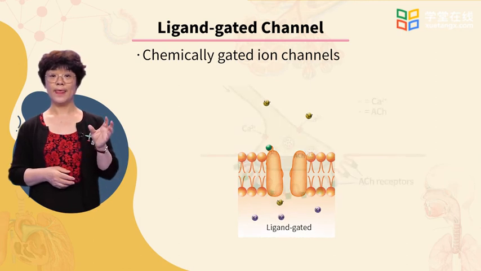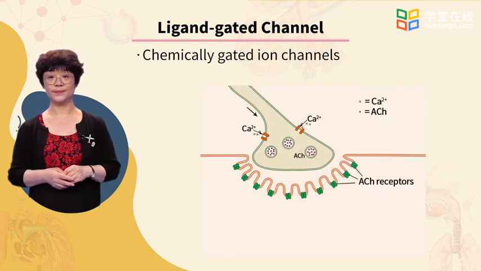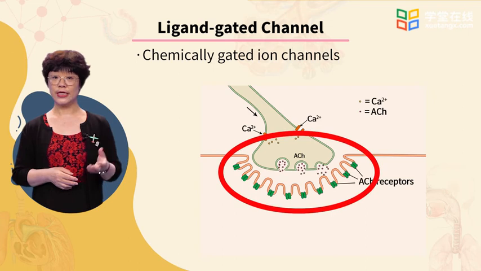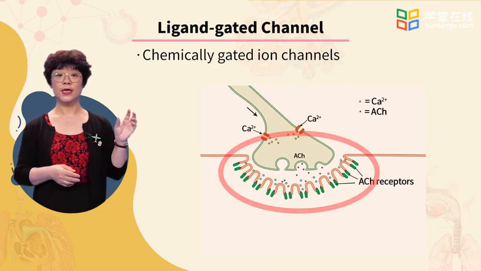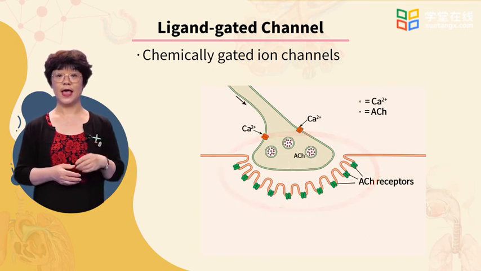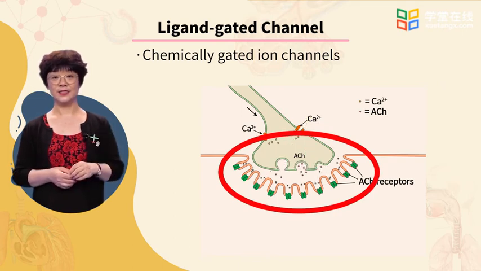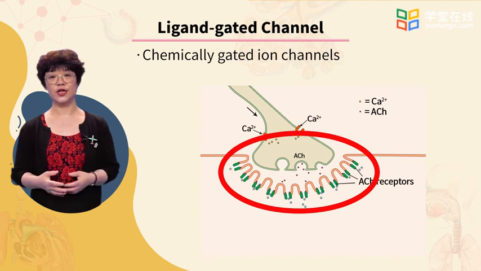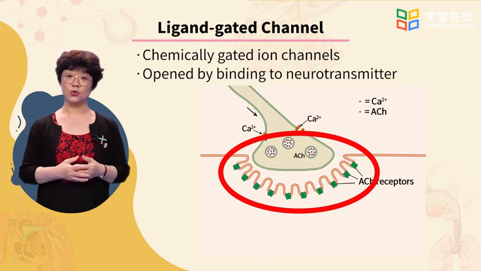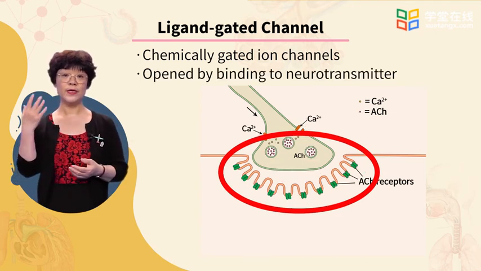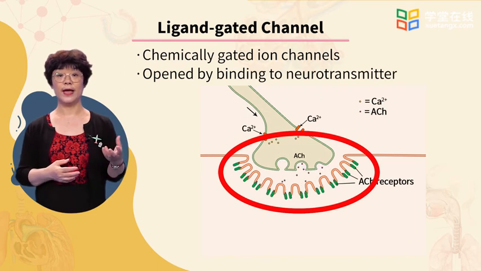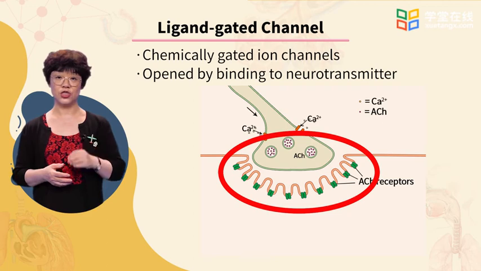For example, at the neuromuscular junction, acetylcholine is released and binds to the nicotinic receptor at the motor end plate. And this receptor is actually an ion channel. Binding of acetylcholine to the receptor opens the ion channel, followed by the diffusion of sodium ions into the neuromuscular junction.